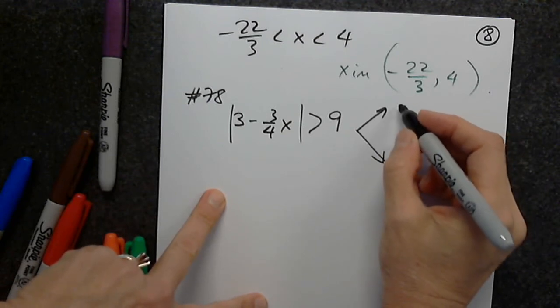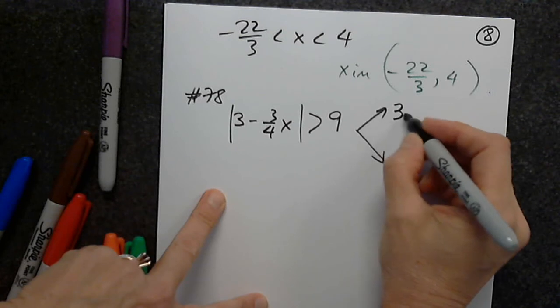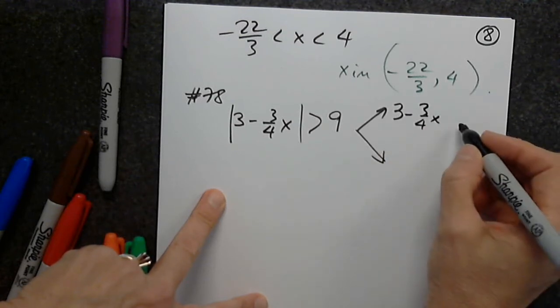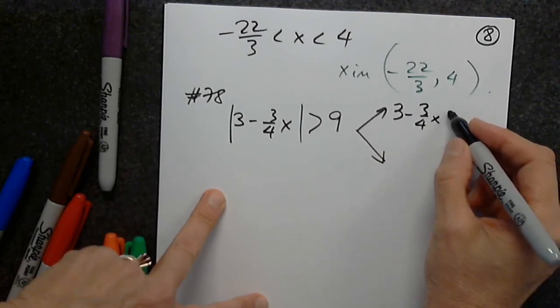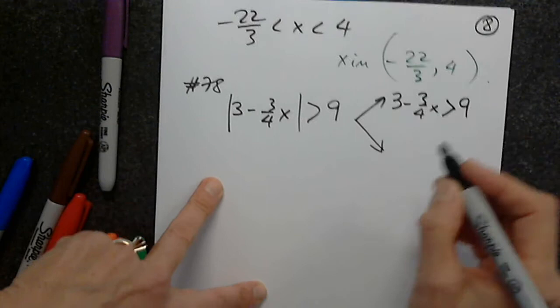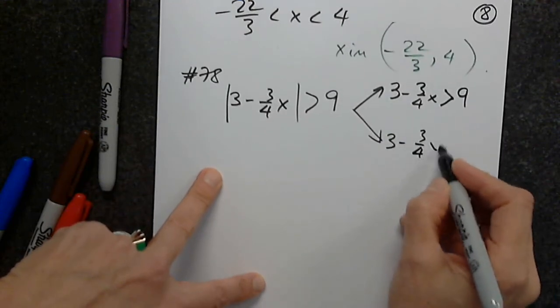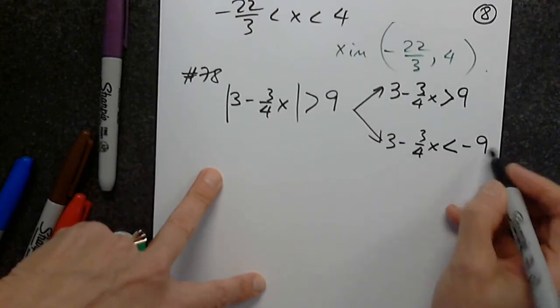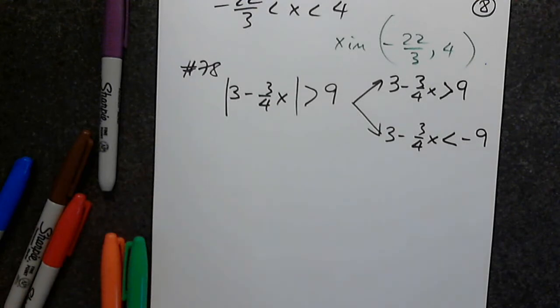I'm going to go with 3 minus 3/4 x, and then it's going to be greater than, yeah, it's greater than 9. And then the bottom one's going to be opposite. That's way easier than I was going to say. Good.